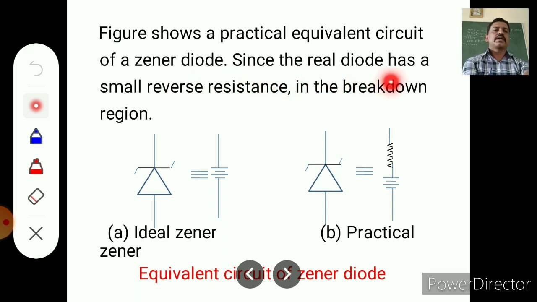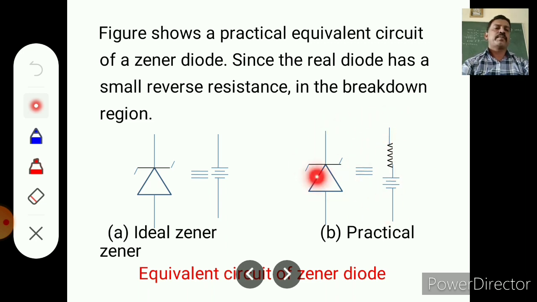A real diode has a small reverse resistance in the breakdown region, whereas this is the ideal Zener diode. The ideal Zener diode will work like a battery eliminator, but for practical purposes, along with the battery we use one resistance, means some reverse resistance is also present.